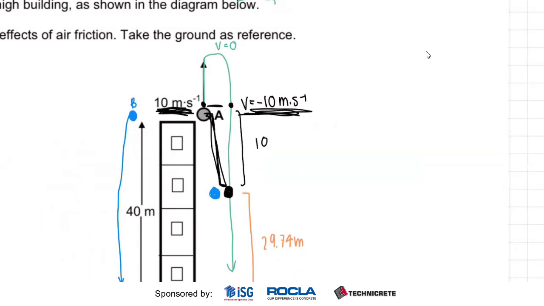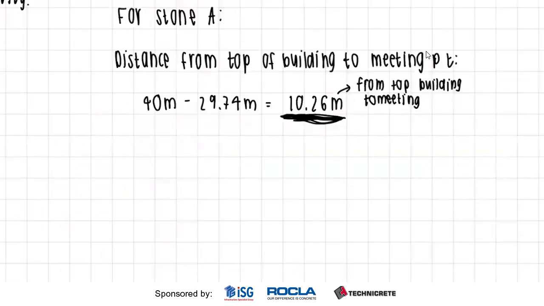Now we can go back to our question and look on our question sheet for a nice formula that has time in it, a height, and velocity, but only the starting velocity, because we don't know what velocity it was when they passed each other. And acceleration, because only gravity is acting on it, so it's gravitational acceleration.